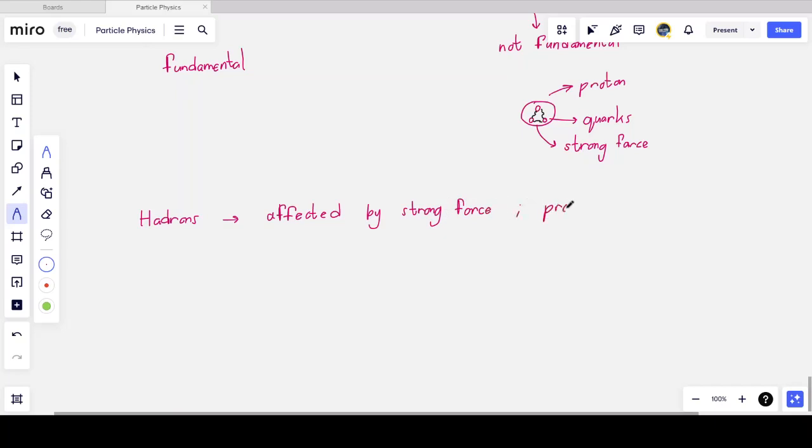And this includes your protons, neutrons, etc. Any particles that are not affected by the strong force are called leptons. And this includes your neutrinos and your electrons, etc.